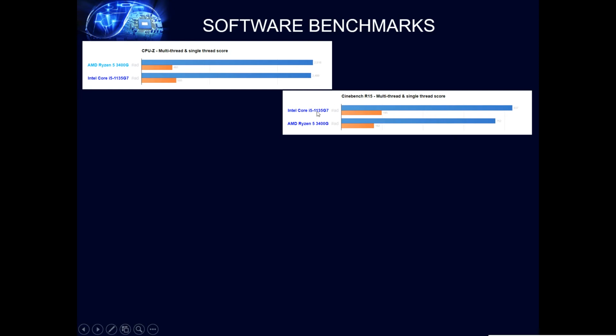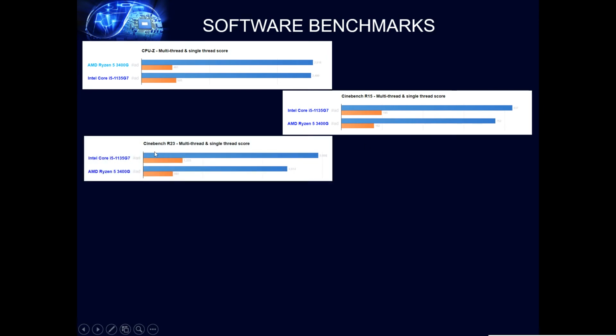Meaning in Cinebench, Intel Core is the winner in both threads. Cinebench 23, which is the same. Intel Core is clearly the winner. Yeah, there you can see.